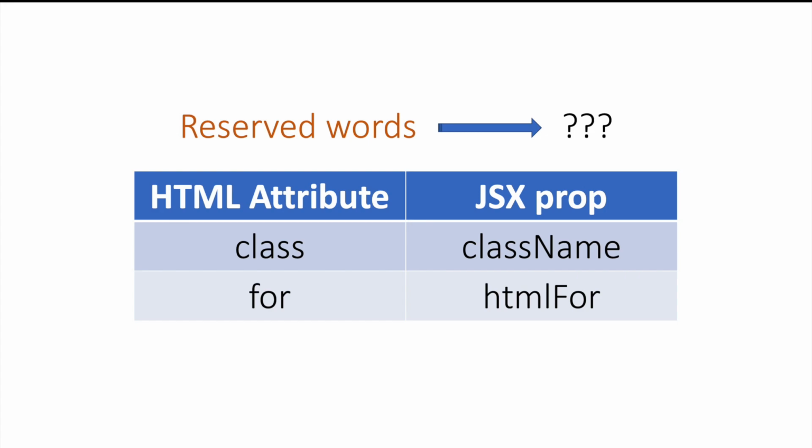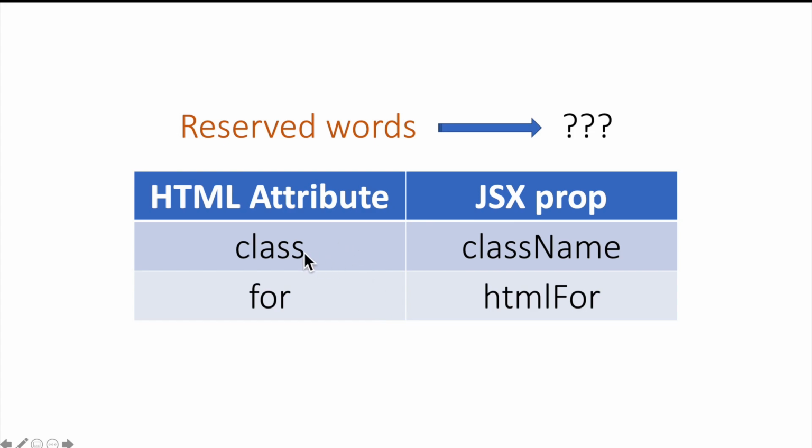Let us also discuss some special cases. There are a few reserved words in JavaScript like class and for, and unfortunately those are HTML attributes as well. In such cases, we have to look up what is the corresponding JavaScript property name. Fortunately, this is a very small list, and usually we encounter only these two examples.